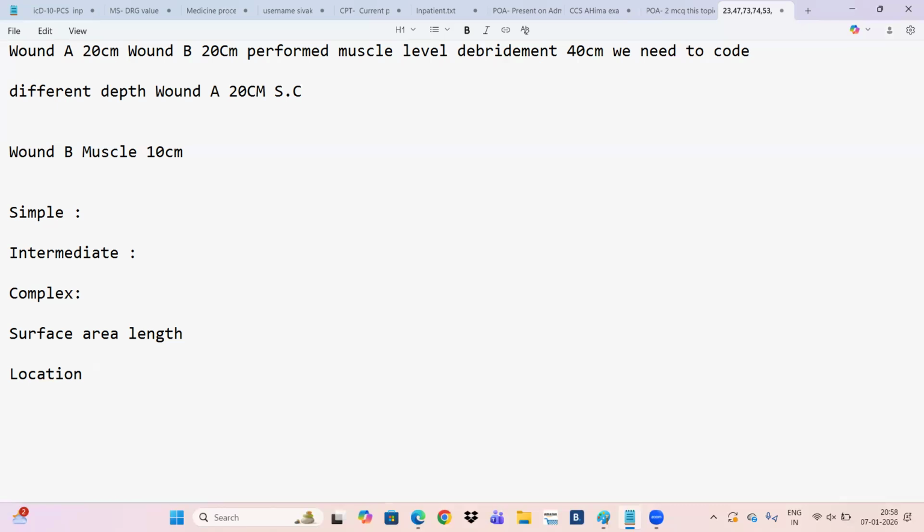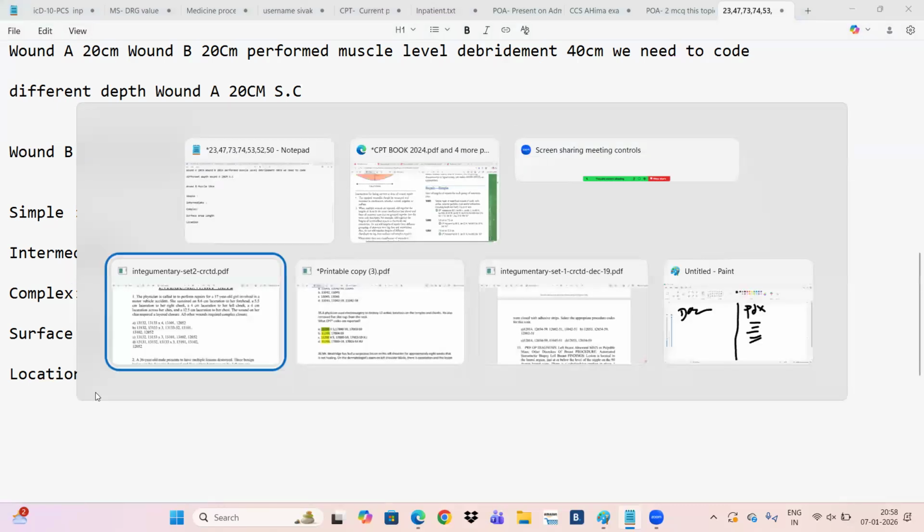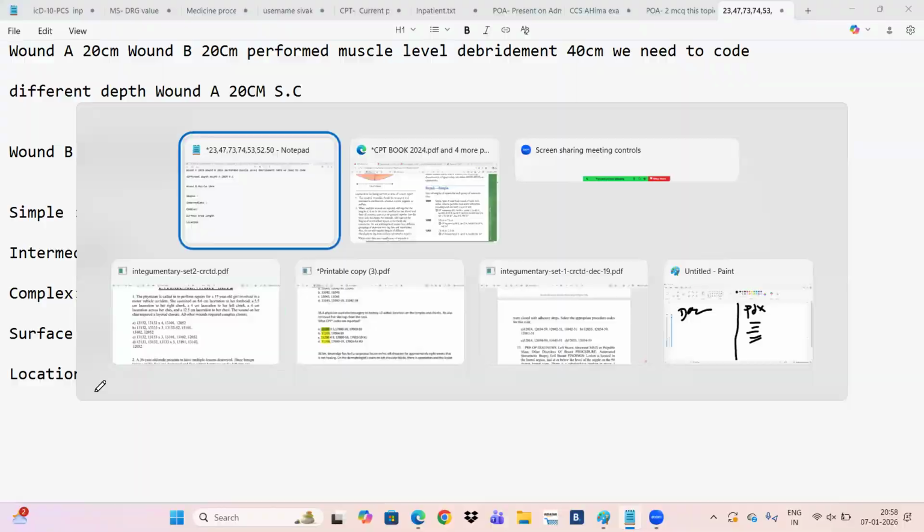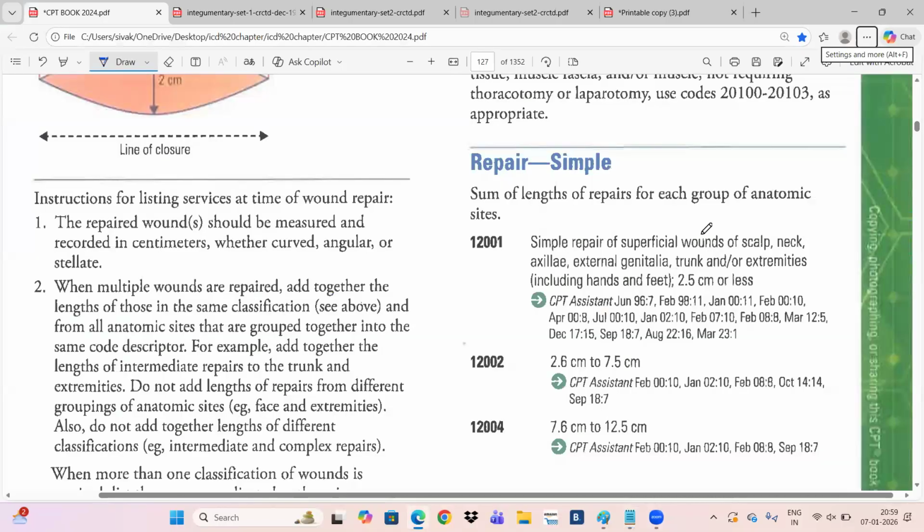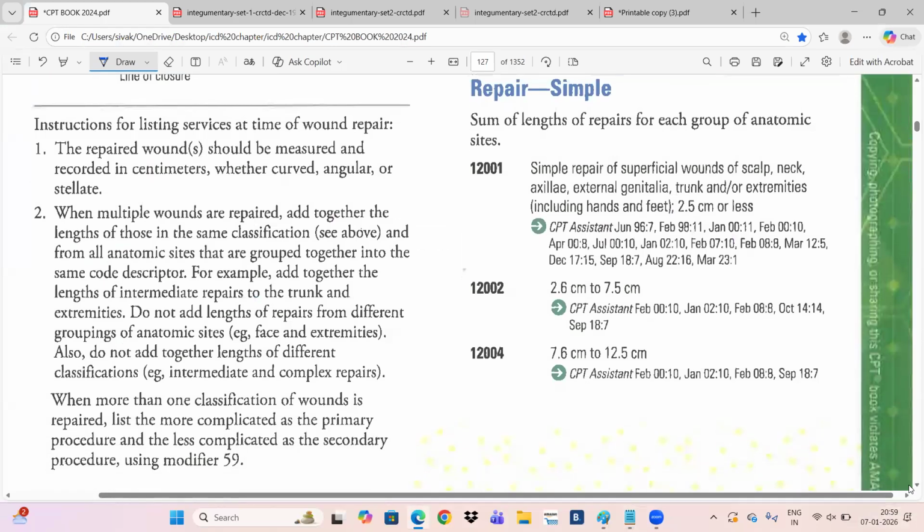Now, next guideline. See, guys, the laceration repair guidelines are based on the anatomical groups they divided. So 12001, what body parts do you find here? Simple repair of superficial wounds: scalp, neck, axilla, external genitalia, trunk, and extremities, including hands and feet, 2.5 centimeters or less. These are one anatomic group.